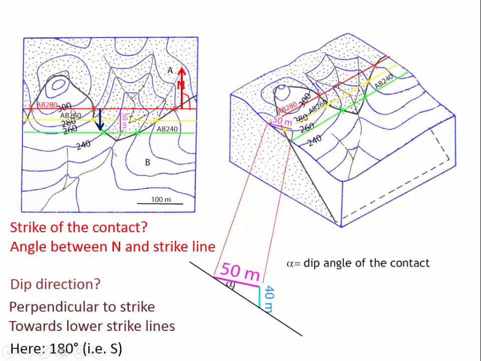If we have an east-west strike, we have either a northern or a southern dip. And if our strike lines are arranged in a way that in the north there are the higher ones and in the south there are the lower ones, then obviously the layer is dipping to the south. As we see here, this interface is dipping to a southern direction.